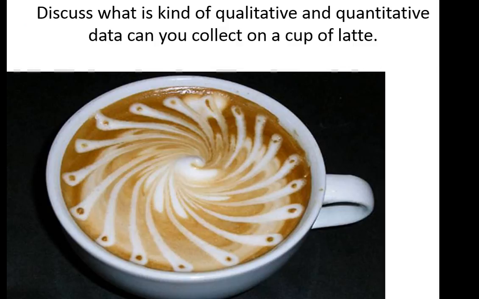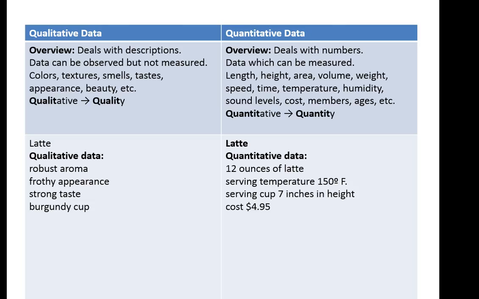What are some qualitative and quantitative data that you can collect on this cup of latte? A latte has a robust aroma, frothy appearance, strong taste, as in the burgundy cup. Those are qualitative data. What can you measure about a latte? How much, the volume, the temperature, how much it cost.